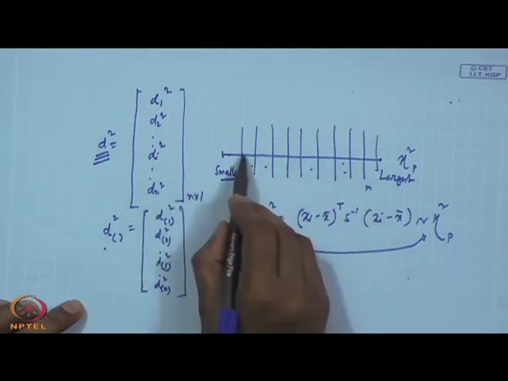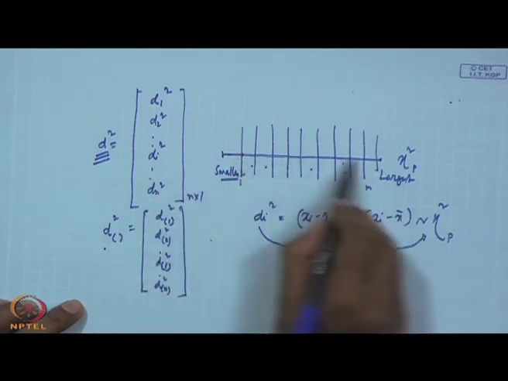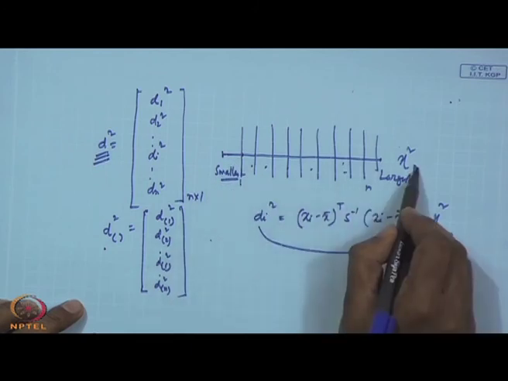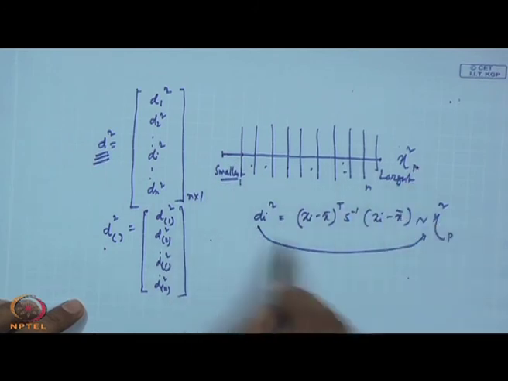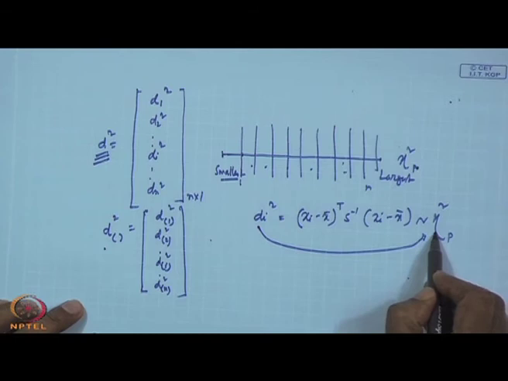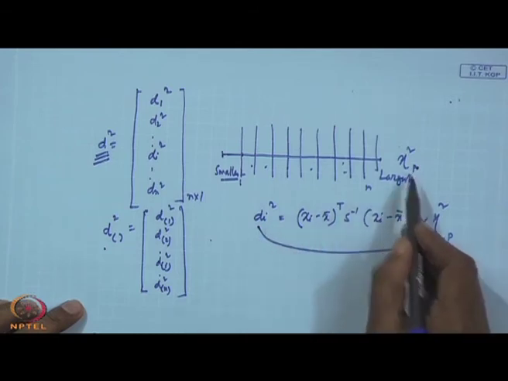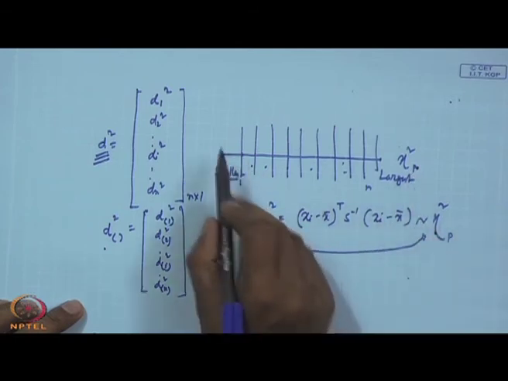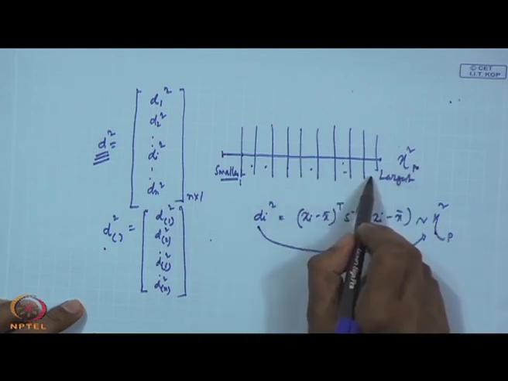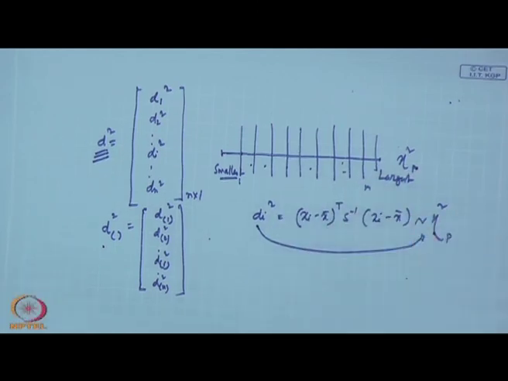I can get the chi-square value for all quantile points. Now, d_i squared is chi-square distributed, so if I compare it with the chi-square quantile values, I must get a relationship. Understood or not?